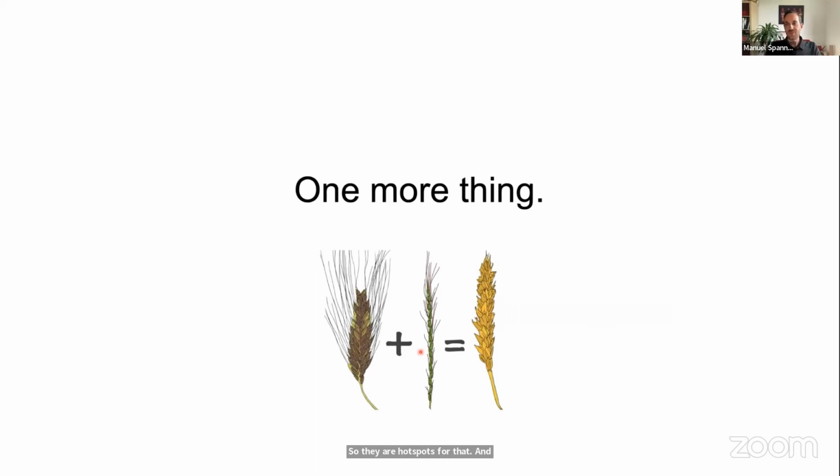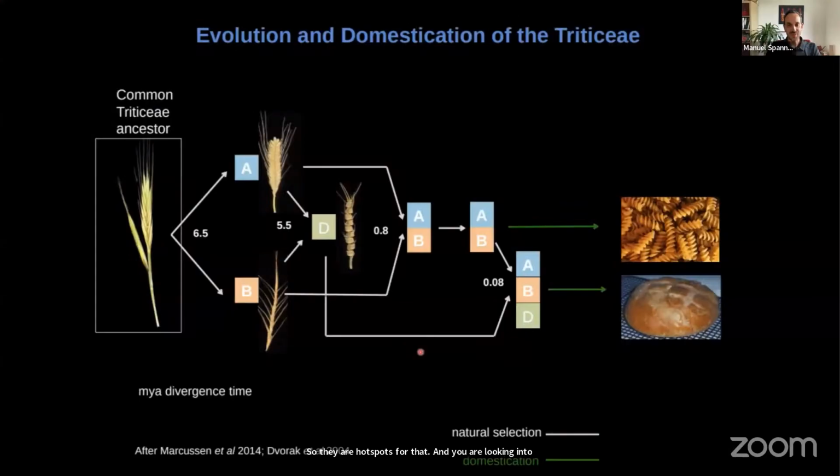One more thing that I want to show you here is one very nice project that we are currently running together with colleagues from the John Innes and also the Earlham Institute. That goes back to the history and the evolution of the triticale. As I told you, bread wheat is an allohexaploid, and it originated from a hybridization of the tetraploid A and B, which you also know as the durum wheat, and the D genome Aegilops tauschii.